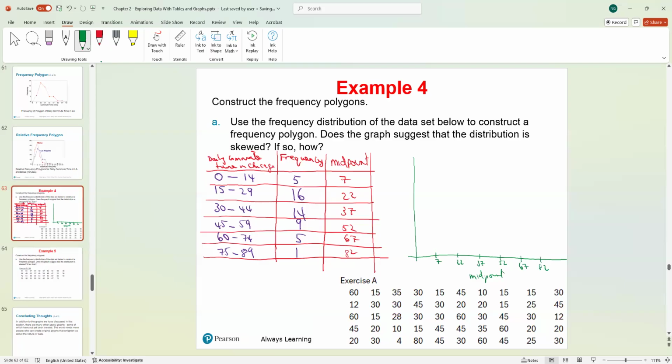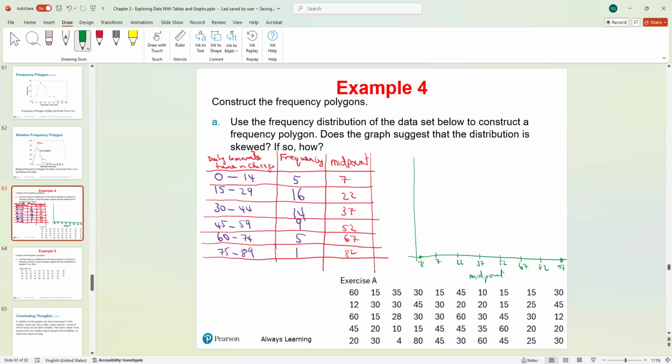So we can make sure we have something like that. As you can see, the difference between each midpoint is 15. So for us, we can put a -8 somewhere here. Even though you don't see it, we're gonna put a -8. And plus 15 here would be 97. So you start on the axis and you're gonna finish on the axis.